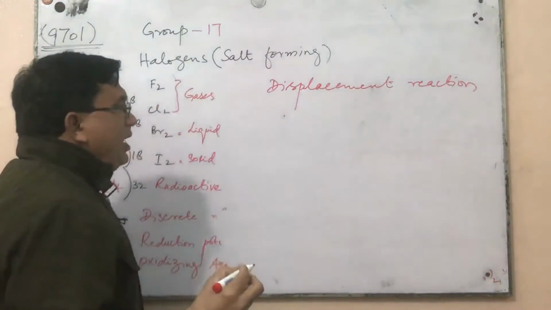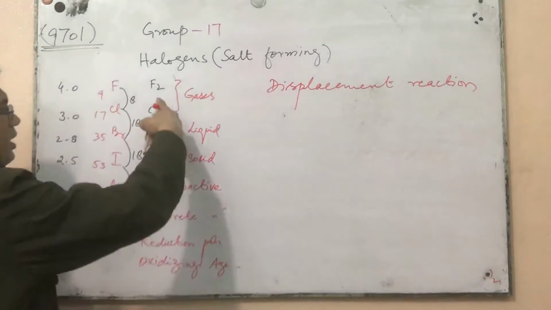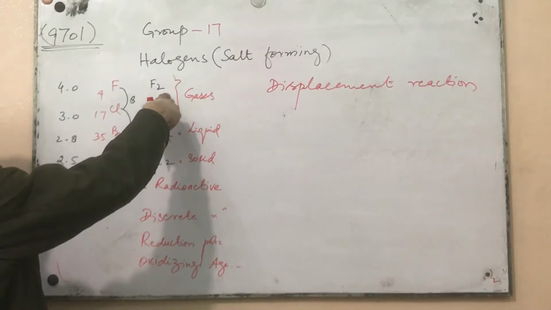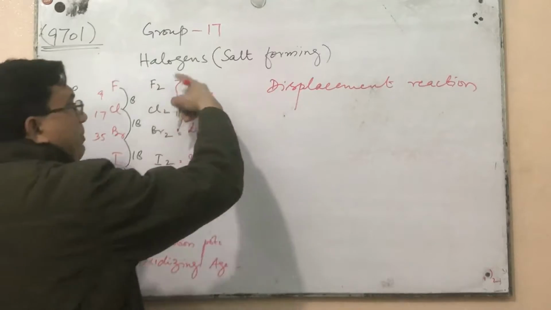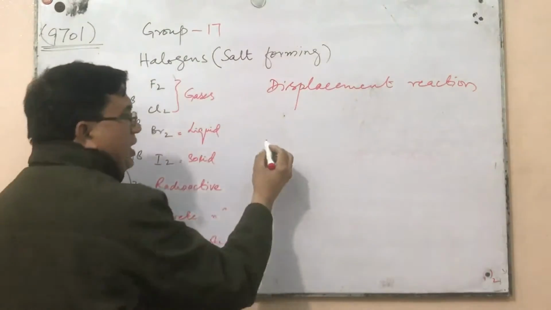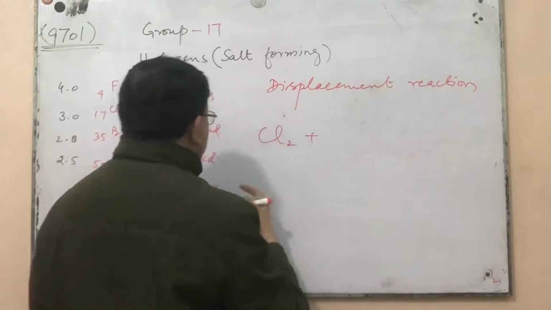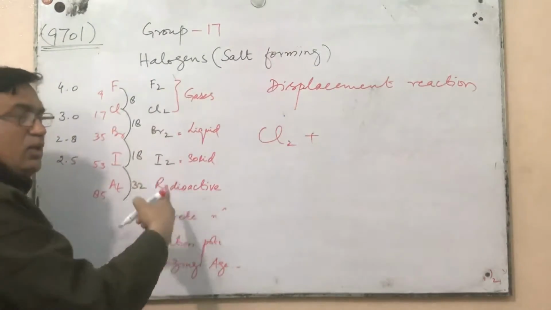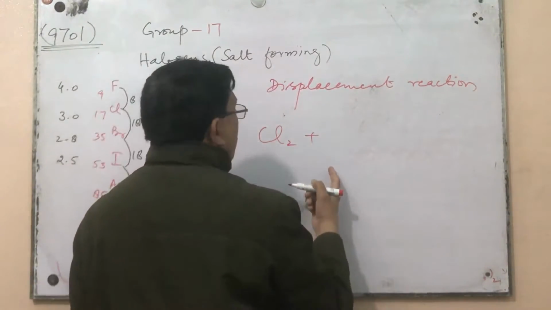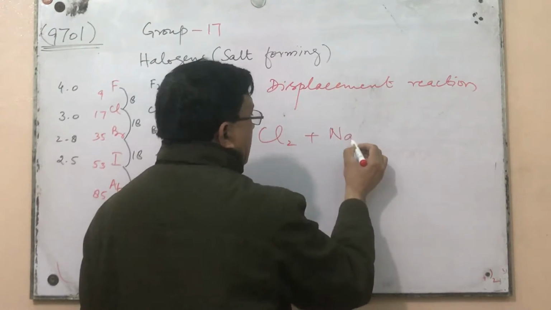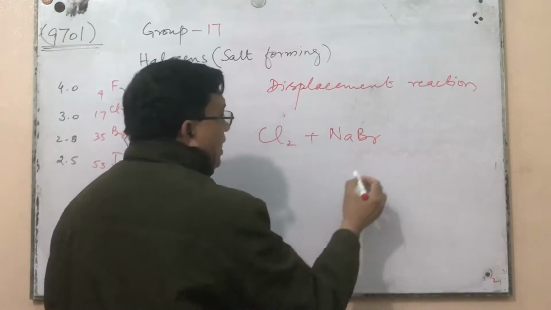It means that whenever an upper halogen is passed through the solution of a lower halogen salt, for example aqueous NaBr.